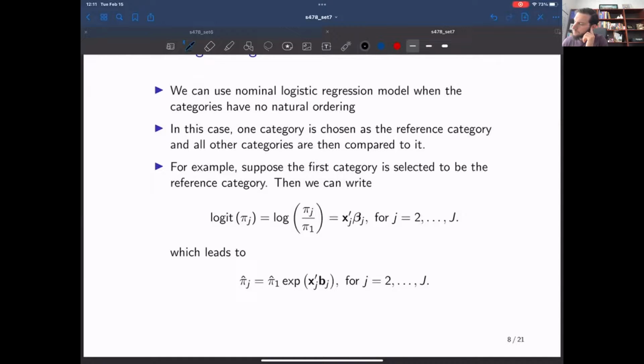Okay, so this leads to pi j is equal to pi 1 times the exponent of xi transpose beta j for j equals 2 to J. So we can estimate the probability that an observation belongs to category j using the estimate for pi hat 1 multiplied by exp of xi transpose times beta j. It's a pretty straightforward calculation.